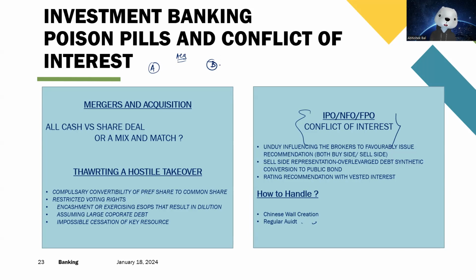If A were to acquire B, that is to say A is the acquirer, B is the target, then A could make an all-cash offer to B. A could also make an offer wherein it will pay partly in cash and partly in stock. So in other words, they would perhaps swap certain shares between themselves apart from the cash. This is one way the acquisition can be effected.